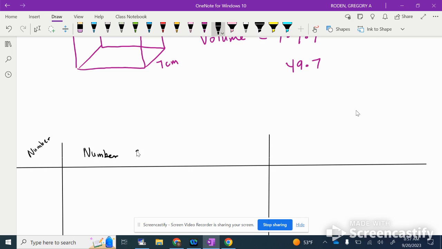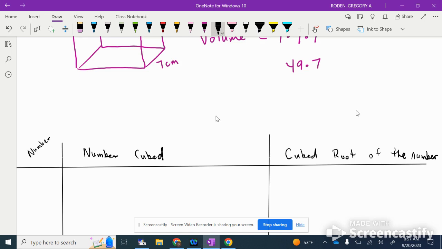And here, this over here is going to be the cubed root of the number. So I'm going to give you guys a second to go ahead and do that. I'll just pause, give my class a chance to do that.